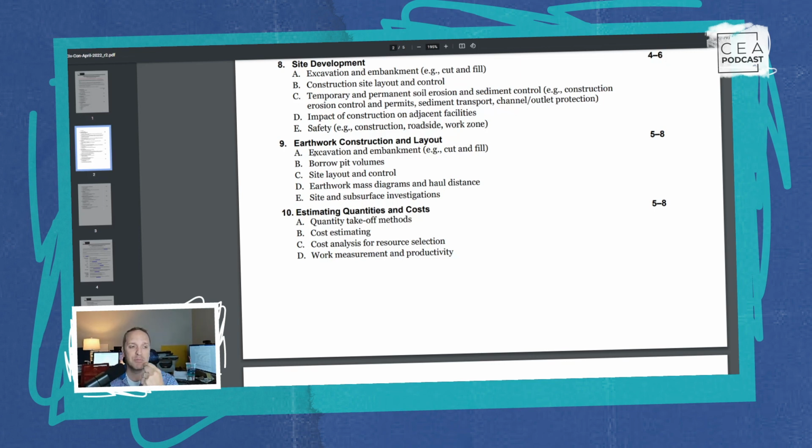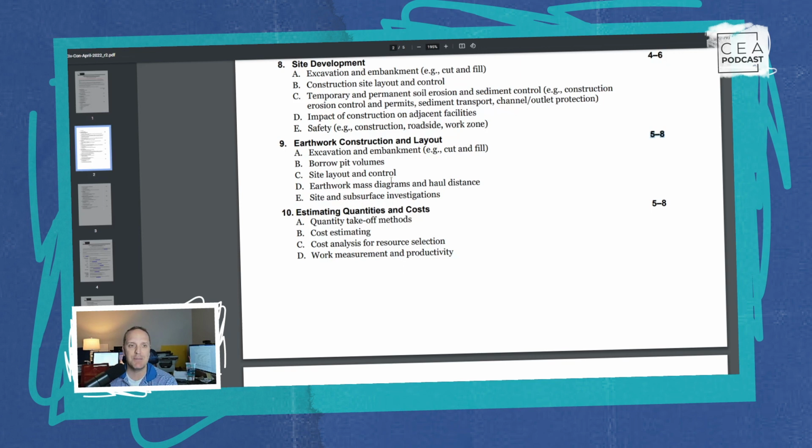Borrow pit problems, which people love, dealing with removing soil from its native area, taking it out, or it gets fluffy, putting it back and compacting it. You have to deal with site layout and control, which is surveying, earthwork and mass diagrams, haul distances, and site surface investigations. You have 5 to 8 questions dealing with earthwork, construction, and layout.